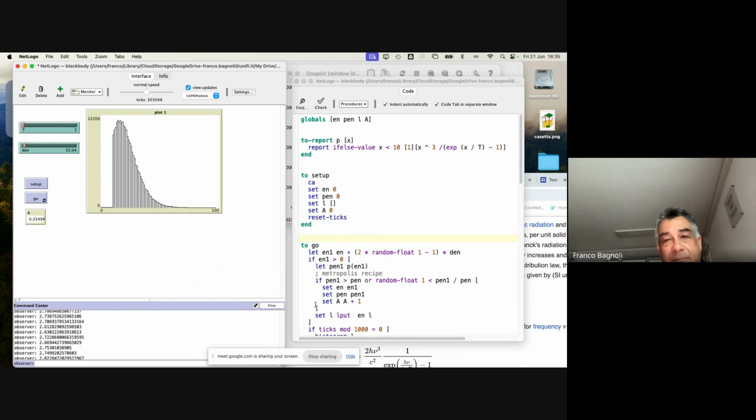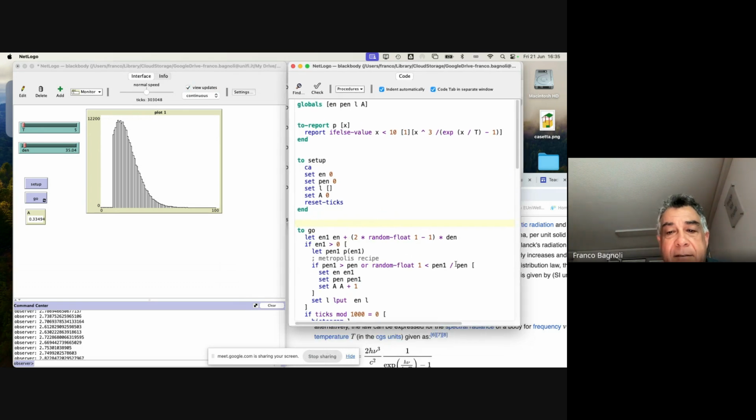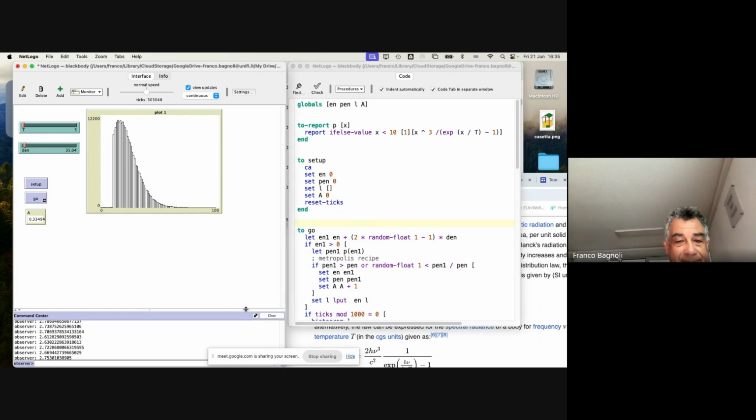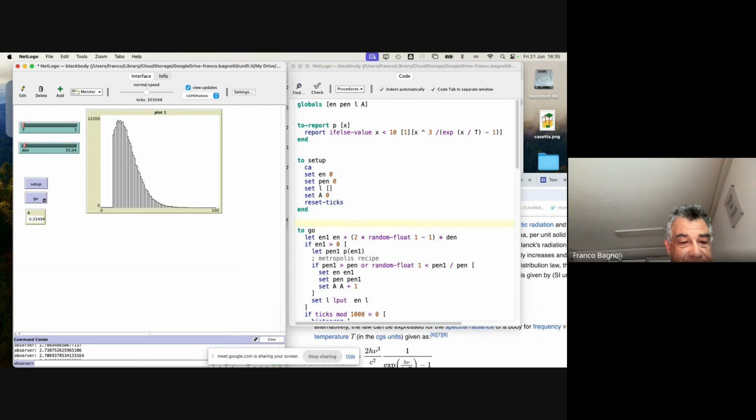Okay. Yes. Okay. Very interesting. Once again, I don't do tools, but it was very interesting to see that and to learn something in addition. Actually, I'm preparing a course on statistical mechanics from a computational point of view using NetLogo. Okay.